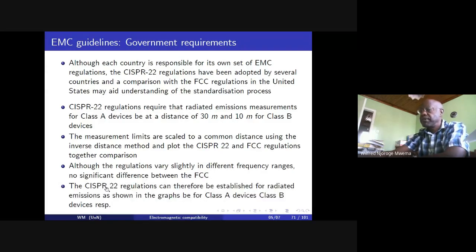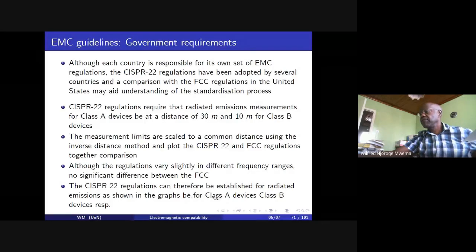So the CISPR 22 regulations can therefore be established for radiated emissions as shown in the graphs for Class A and Class B respectively.